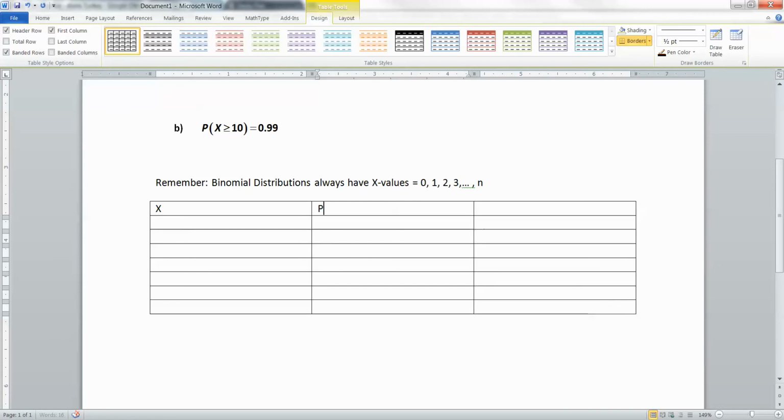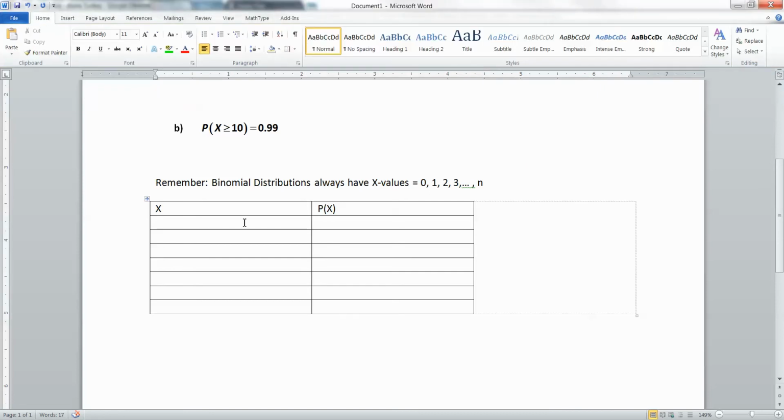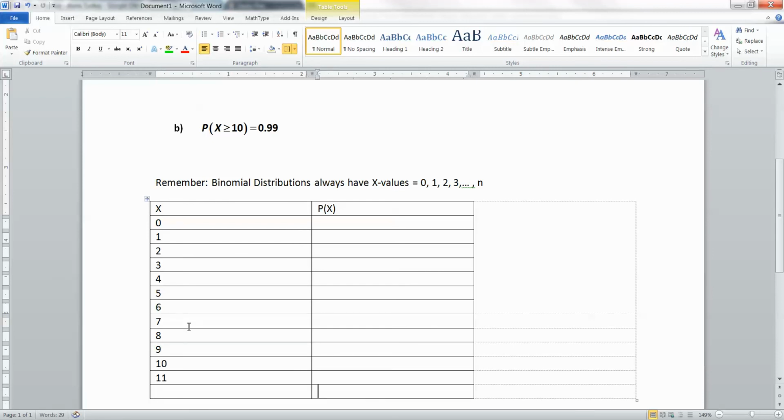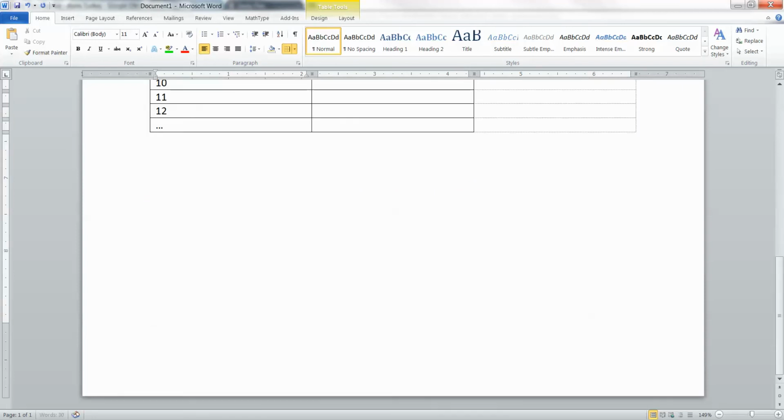So if I do this, I do the probability of x, and I'm just going to leave this as a table. There we go. Okay, so 0, 1, 2, 3, 4, 5, 6, 7, 8, 9, 10. And then the kicker is it's 11 next, 12 next, and so on, dot, dot, dot.